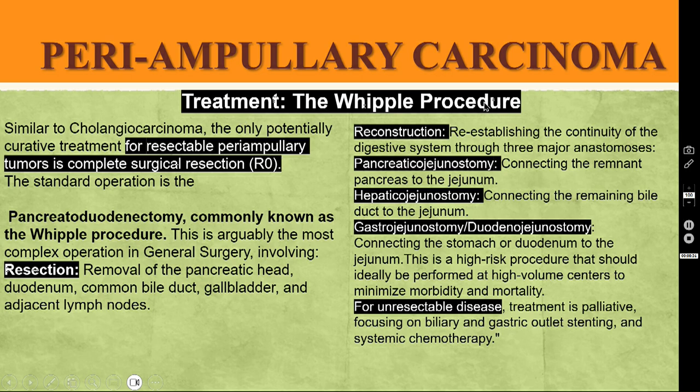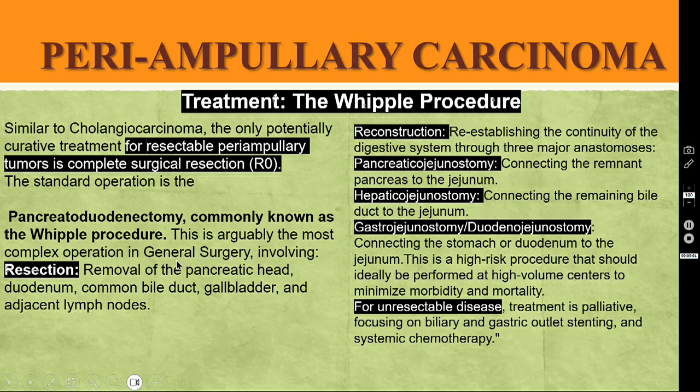Coming to the treatment, all of them need the same procedure, the Whipple's operation. But we have to decide whether the tumor is resectable or not. If it is resectable, we have to do pancreatoduodenectomy, in which you will be removing the head of the pancreas, duodenum, CBD, gallbladder, and adjacent lymph nodes.